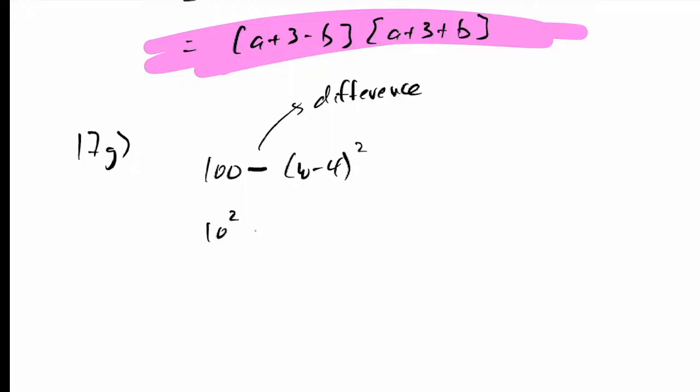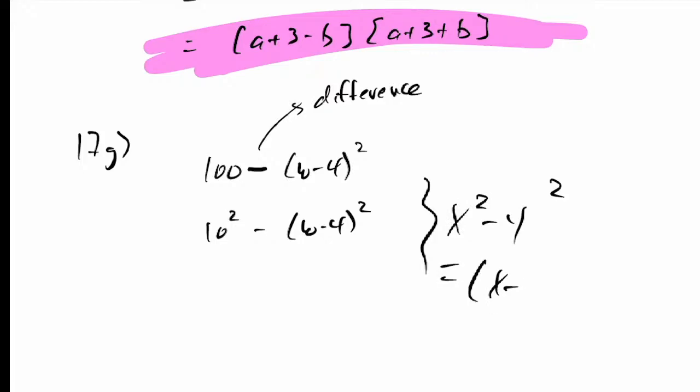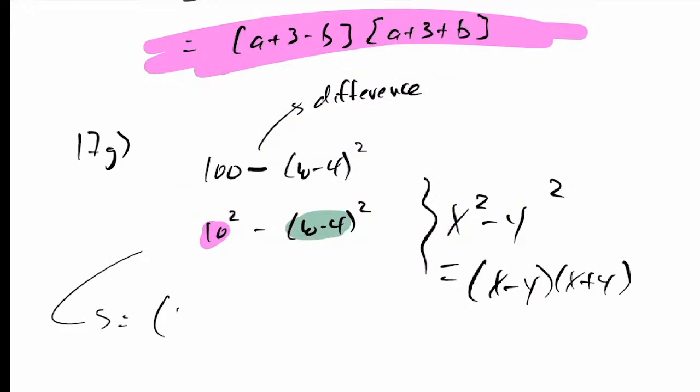So if I write this as 10 squared, now you see I have this as x squared minus y squared. But then I know this is exactly equal to x minus y times x plus y, where this is my x and this is my y. So this will break up into x minus y times x plus y.